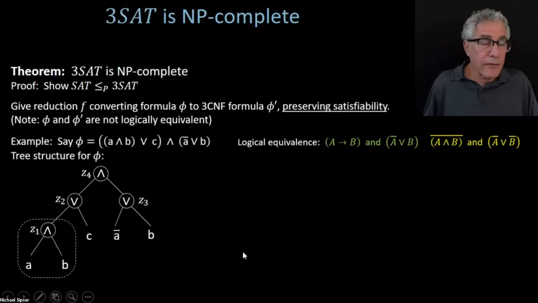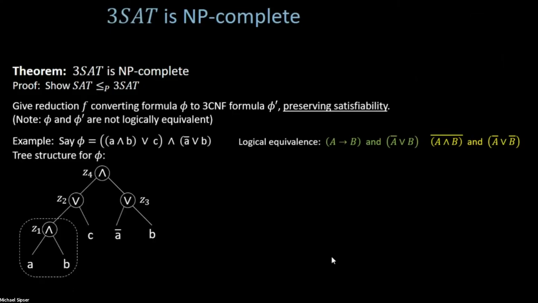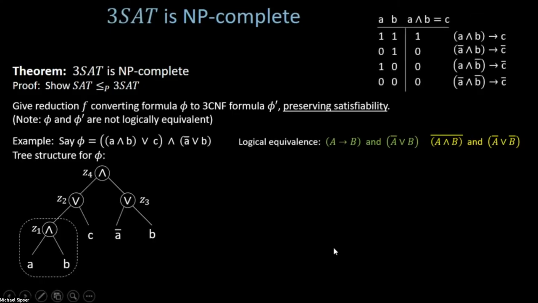Here I ran out of room on the slide, so I'm going to take myself out of the picture for a minute. I had no place else to put this. So here, if you think of the AND in terms of its truth table, here's A and B. 1 and 1 is 1, but all other settings of A and B yield 0 for the AND.